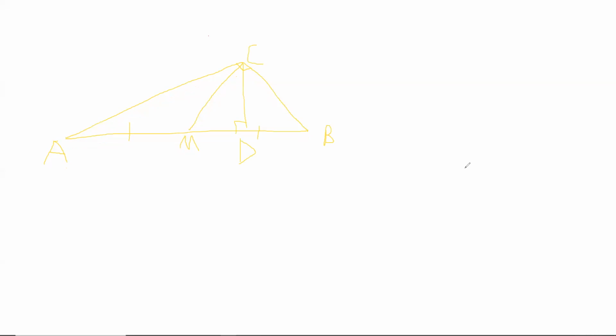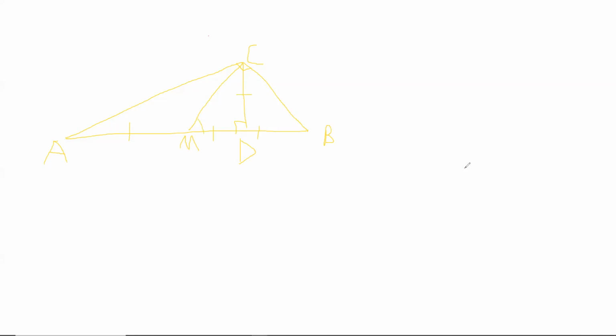The problem tells us that C is a right angle, we have an altitude CD, and M is the midpoint of AB. If MD equals CD, we need to find the degree measure of angle B. So clearly we can see here that this will be a 45-45-90 triangle.